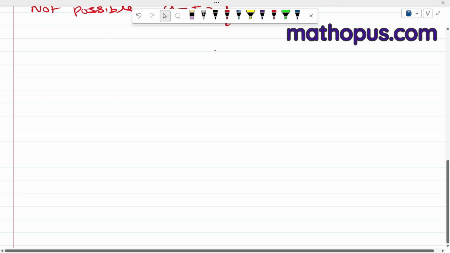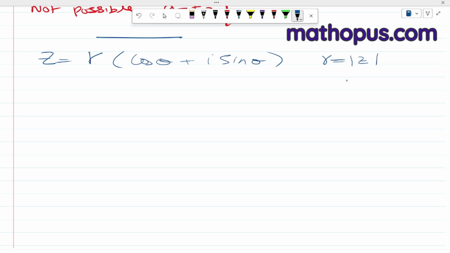What was that? If we have a complex number, let's say z equals r cos theta plus iota sine theta, where r is the length, that is the modulus of z, and theta is the argument of z. So how can we find the nth root?